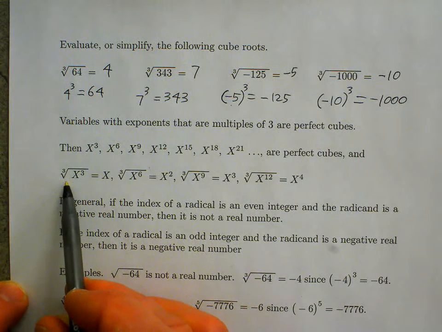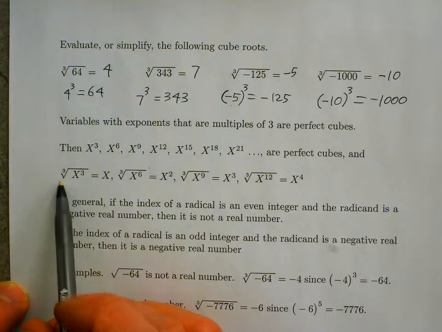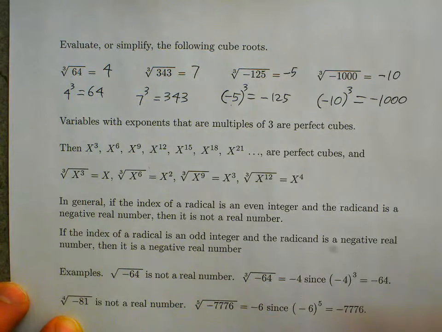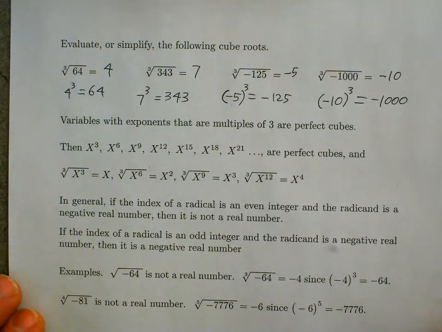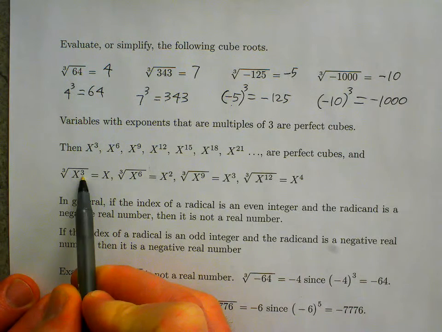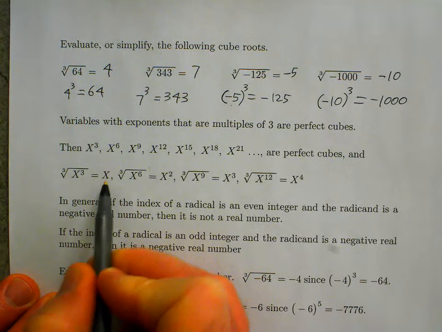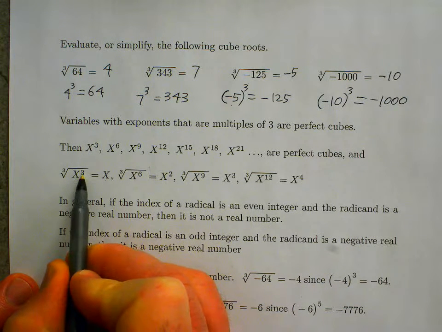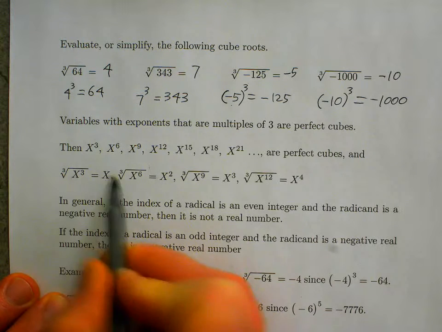So when simplifying cube roots of perfect cubes, we follow a similar procedure to what we did when we simplified square roots of perfect squares. The cube root of x to the third is x to the 3 divided by 3, or x to the first.